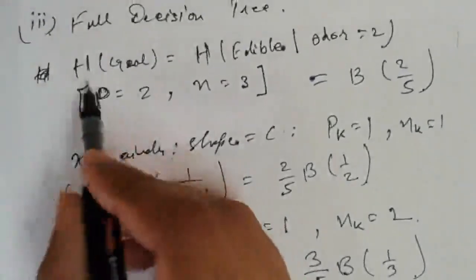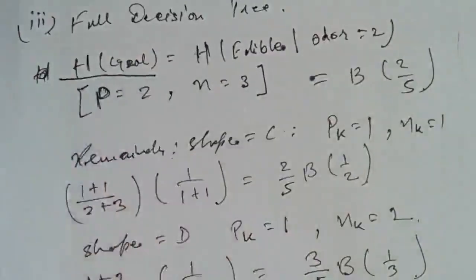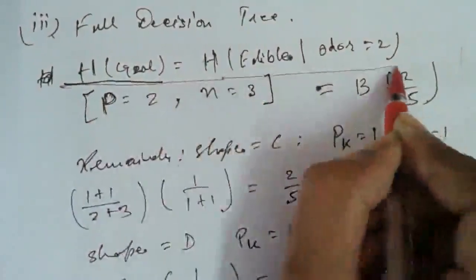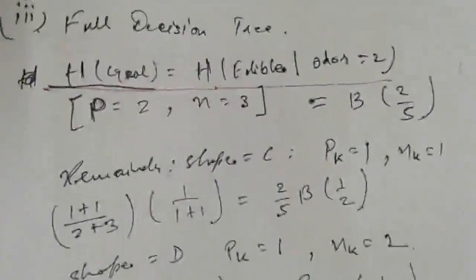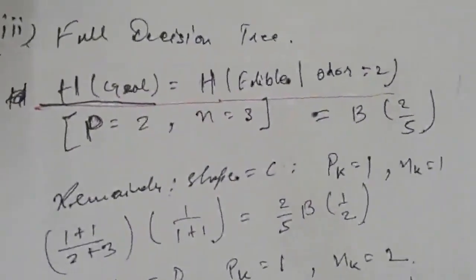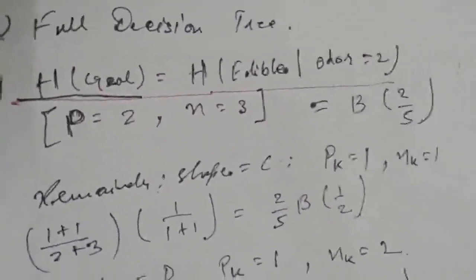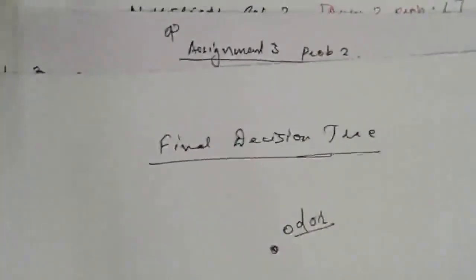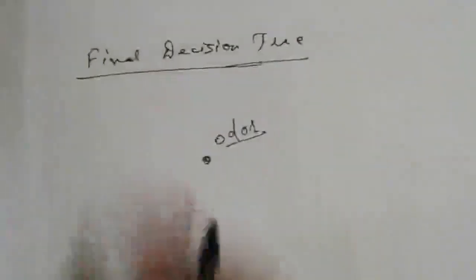Now remember, what will be the H goal? One thing, the goal is also reduced. We have decided that our tree root is order.